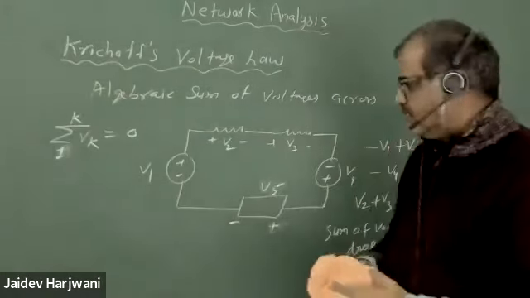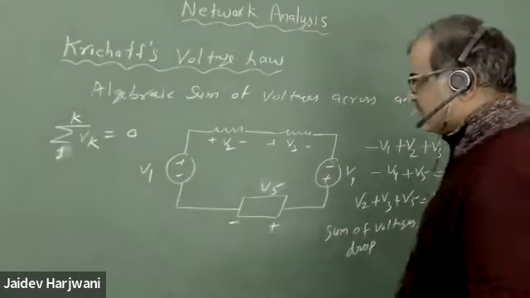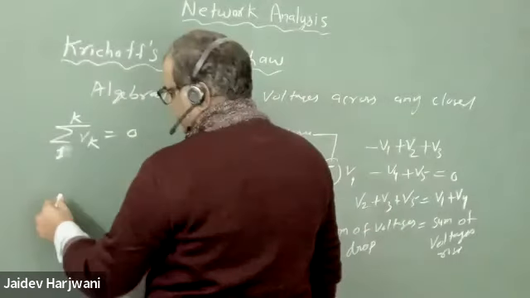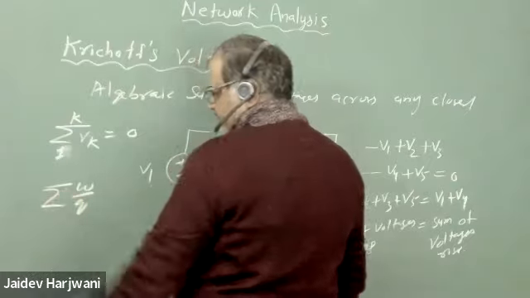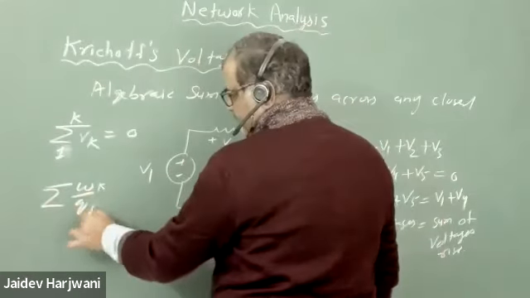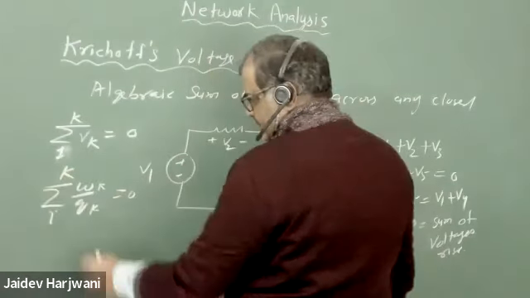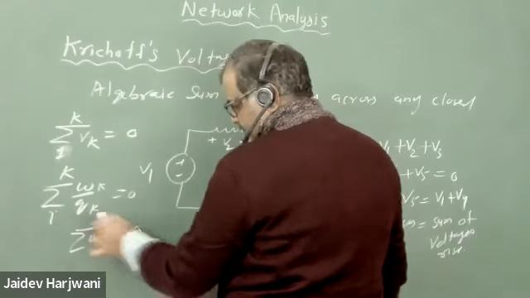So always, the sum of voltage rises and the sum of voltage drops are the same. Basically this law is a law of conservation of energy, because voltage can be written as V by Q. Summation of Vk upon Qk equals 0, so summation Vk equals 0.